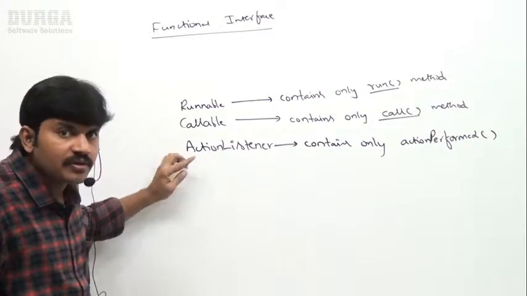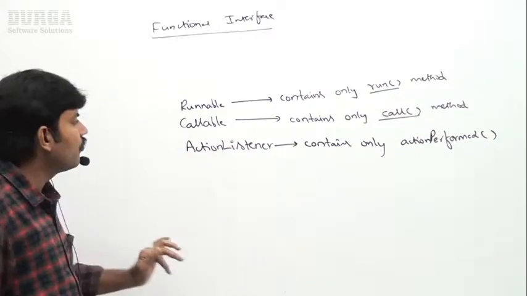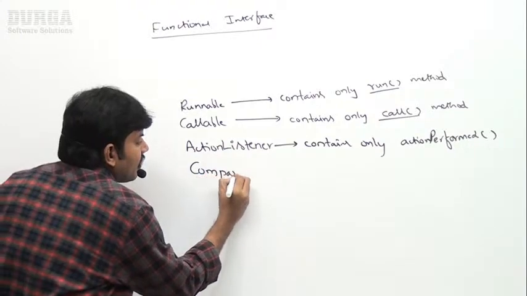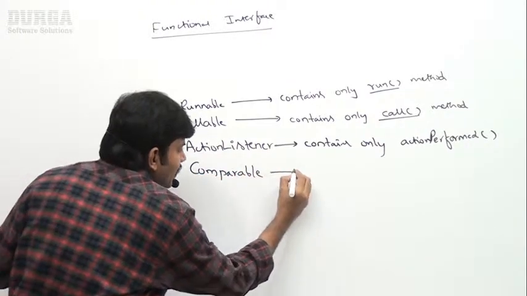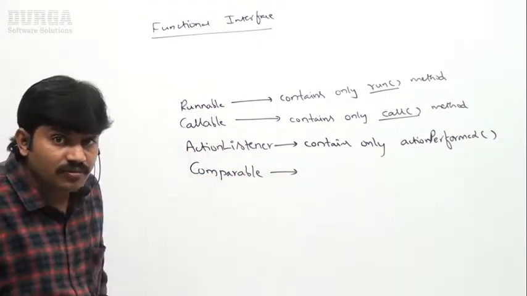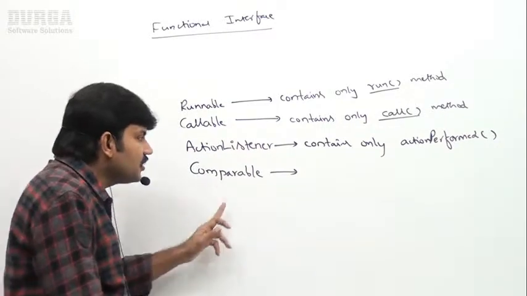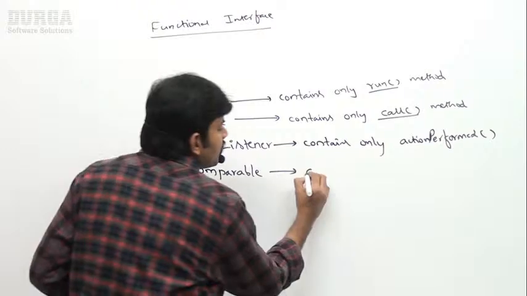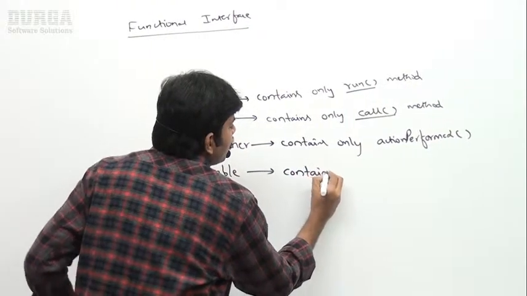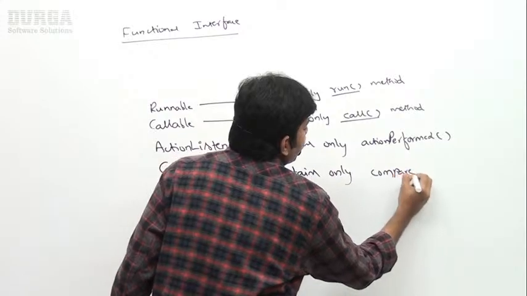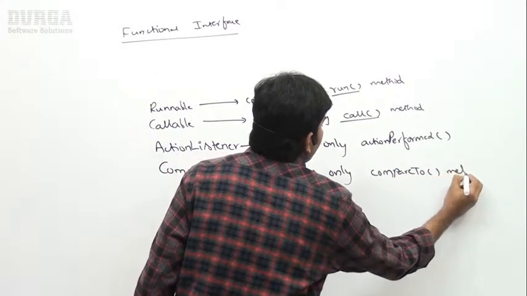What is the next concept we require to talk about? Have you remembered? Comparable. In the collections concept, we use Comparable, Comparator, right? Comparable is also a functional interface because it contains only one method. What is that method? The compareTo method. It contains only one method, sir.